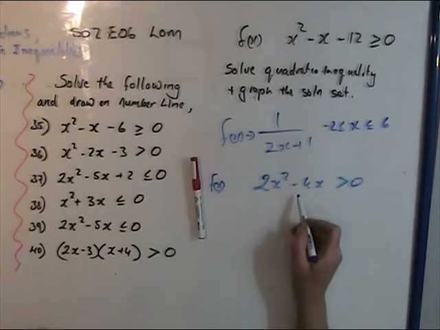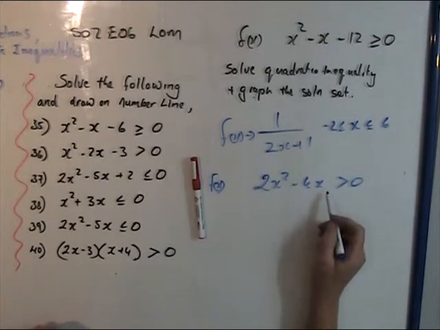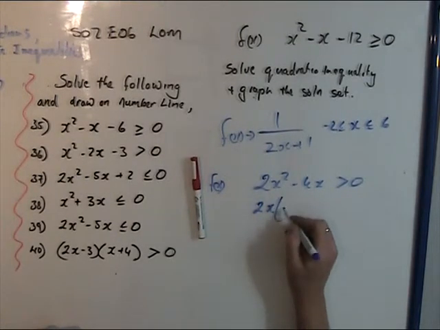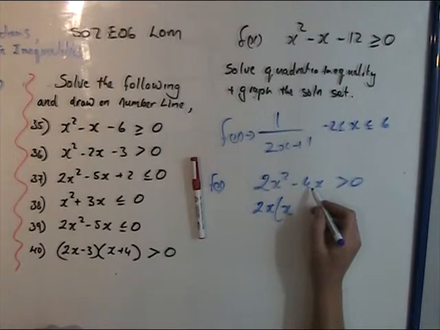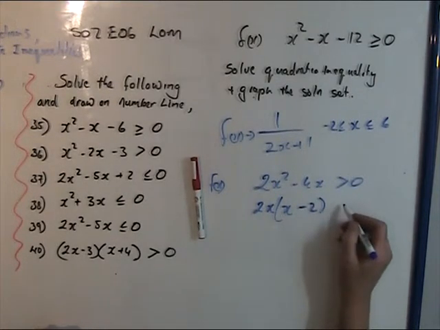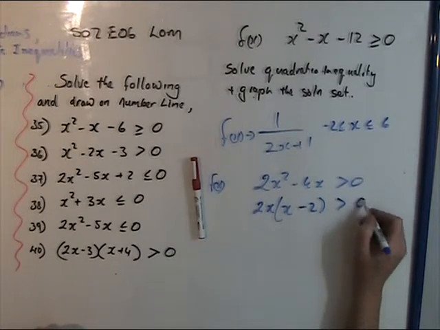Now this is a quadratic, but I can factorize this, though it's not the normal form for factors. I have to do my common factor, and we had this before. 2x: the lowest, 2x by x gives me x squared. 2x by what will give me minus 4x? 2x by minus 2. Greater than 0.